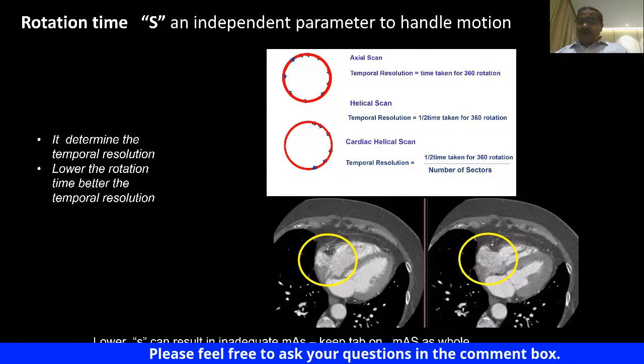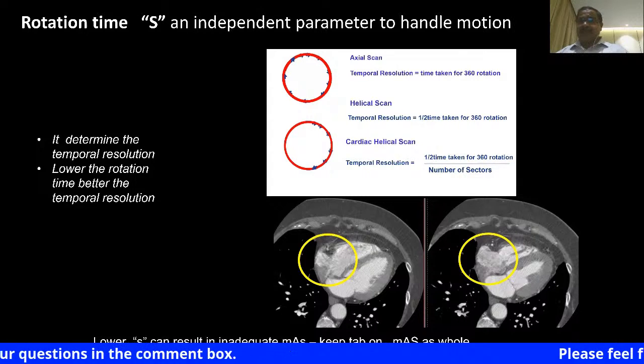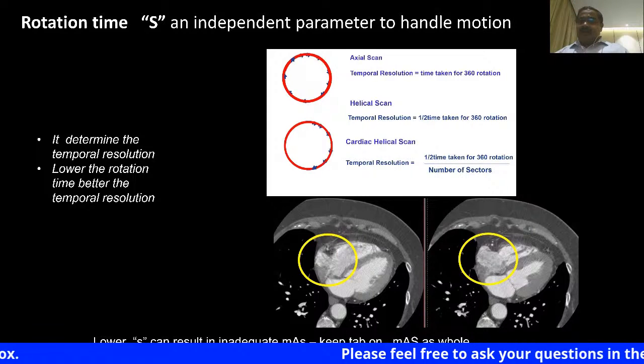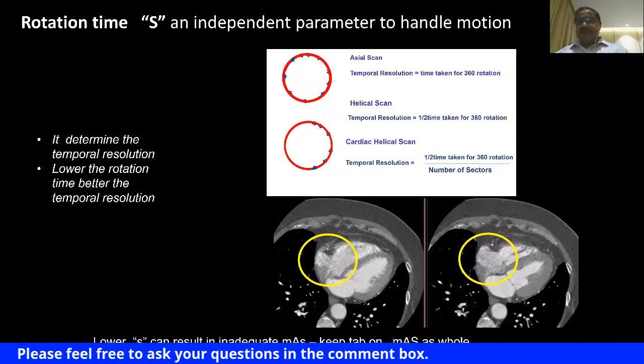The slower rotation will create more motion artifact compared to a short, fast rotation speed. So keep a tab on the S part, or the rotation time, especially when you scan regions which are susceptible to movement.